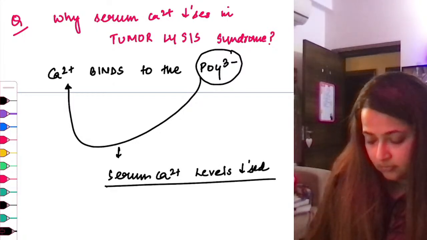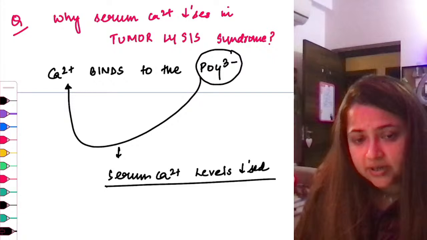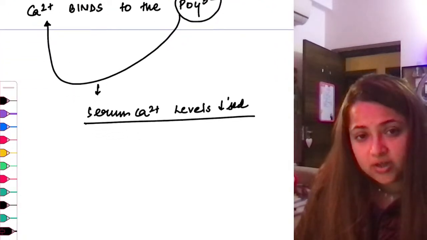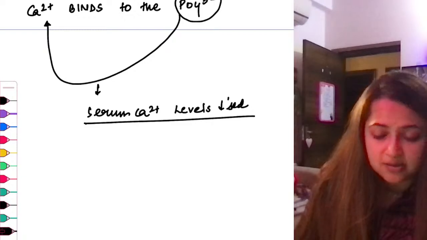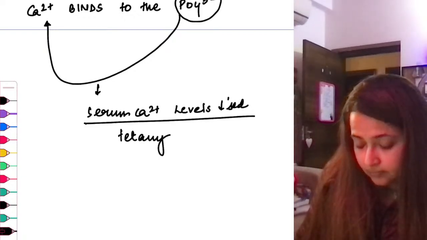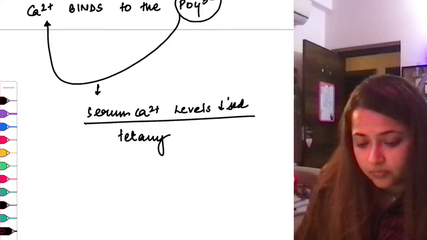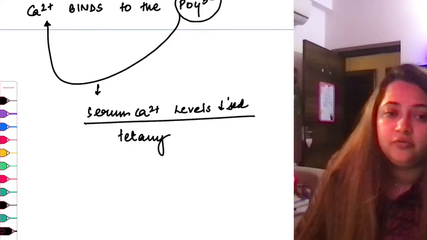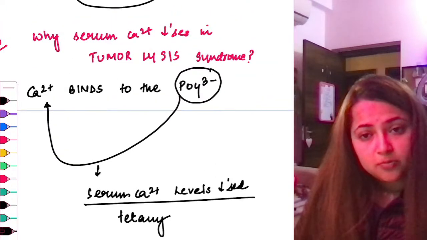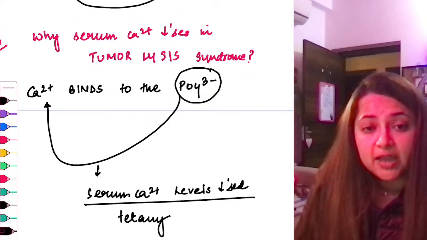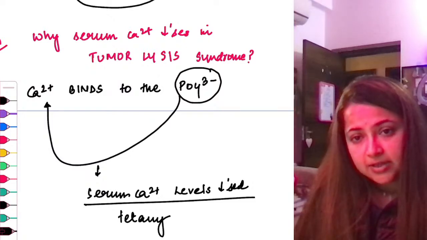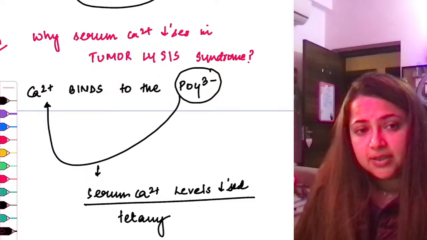Second point, how could the patient present? The patient could have signs and symptoms of hypocalcemia, for example, tetany, muscle weakness, paresthesias. All of these signs and symptoms of hypocalcemia could be seen. What is the reason? Because the phosphate that was in excess binds to the calcium.